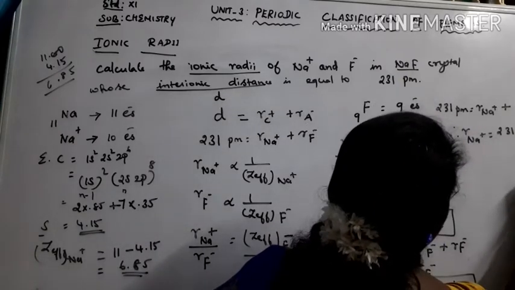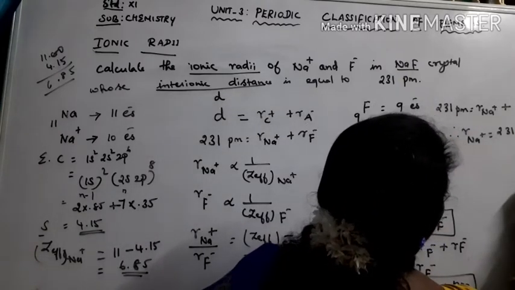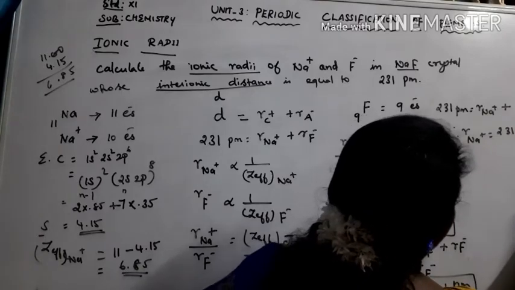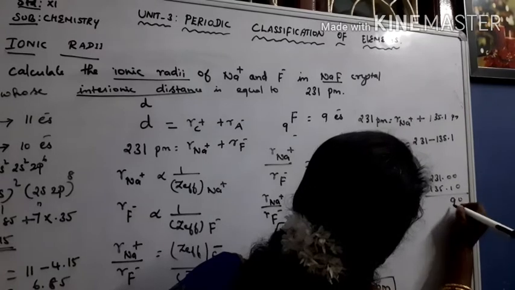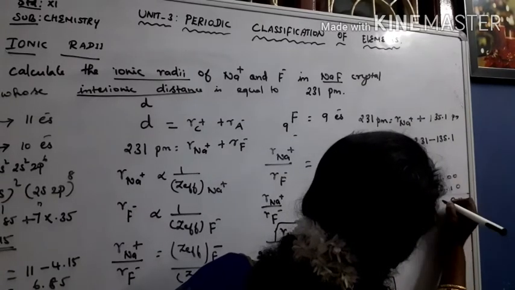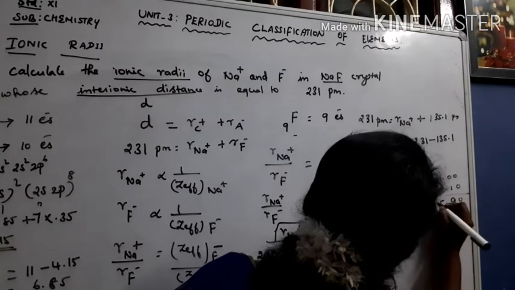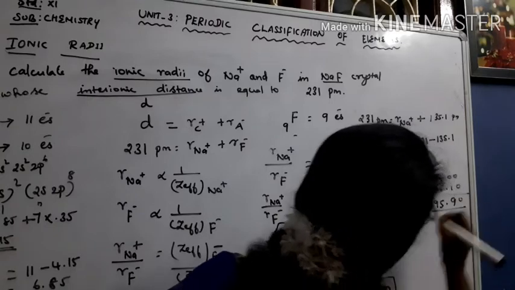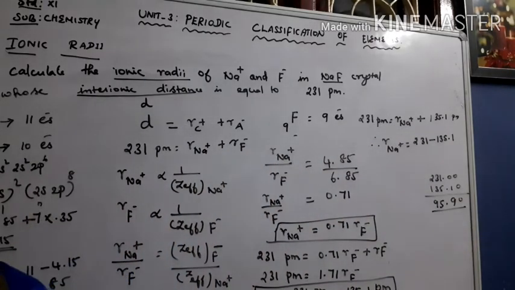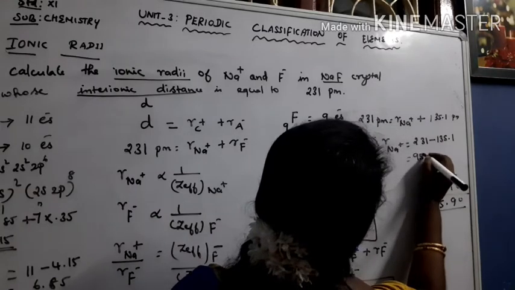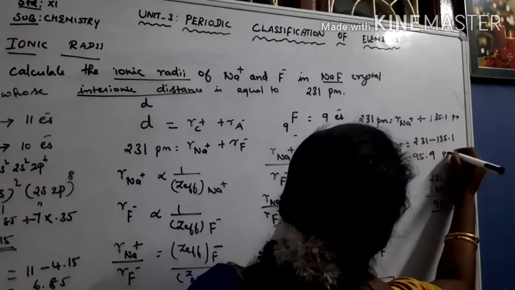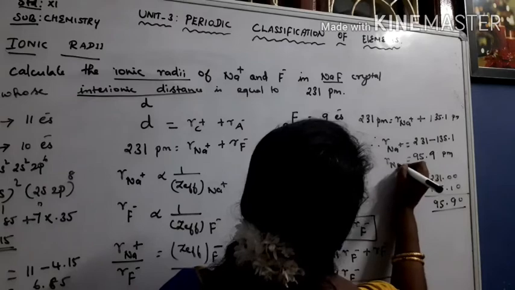Okay, which is calculated as 95.9 picometer. So this is the radius of Na plus.